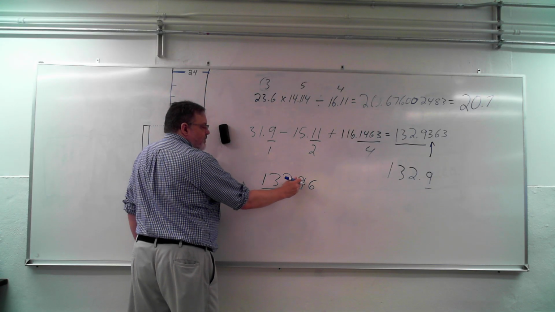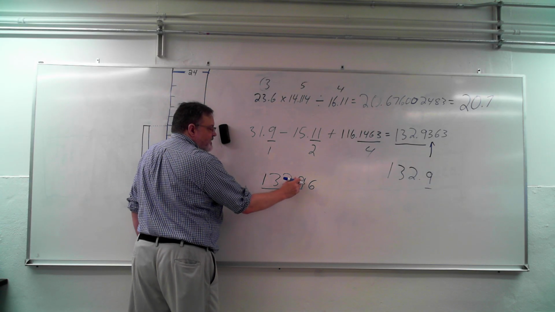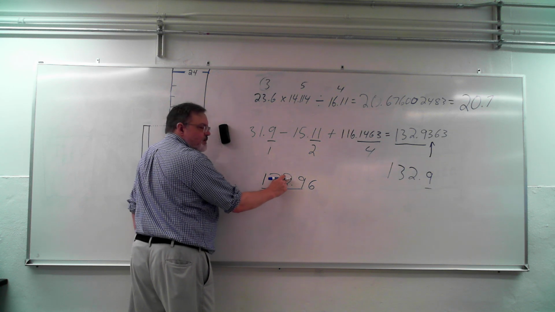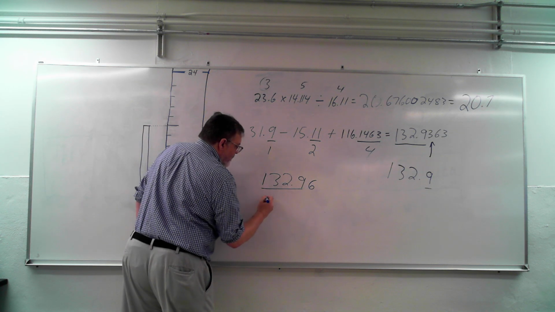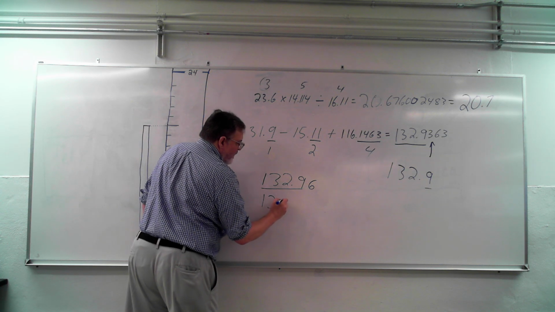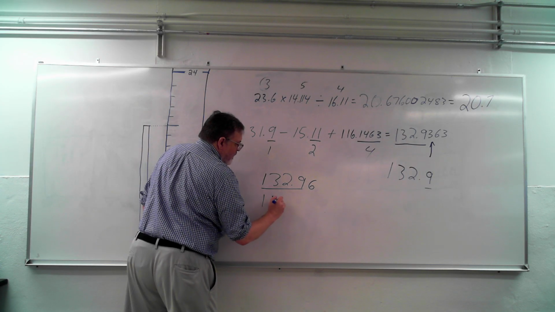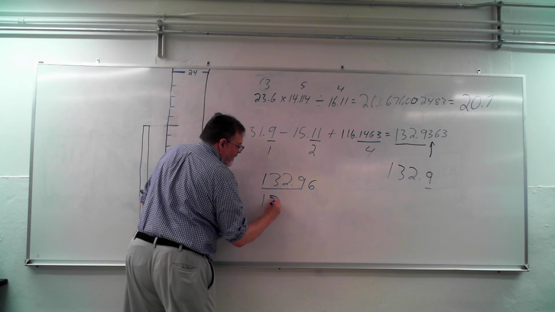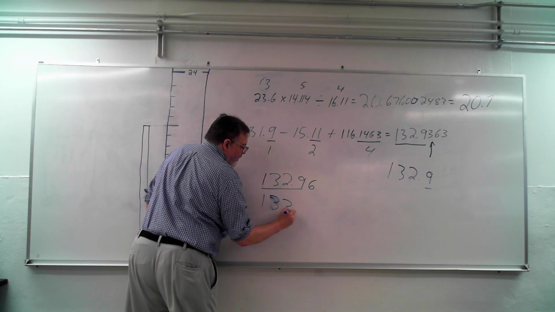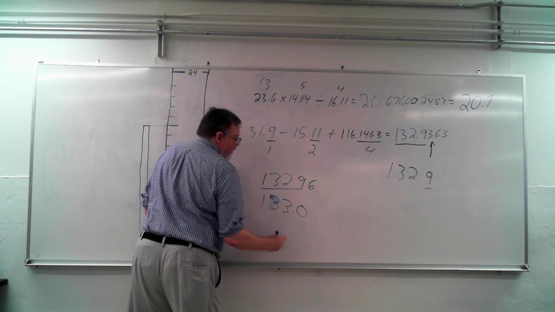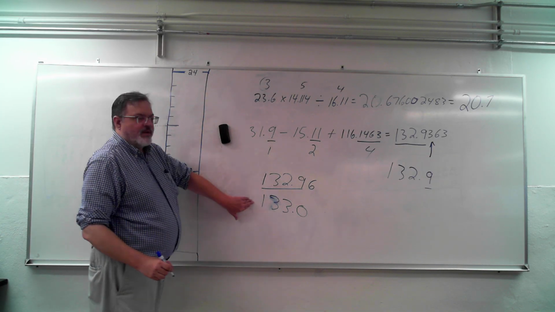Yes, the 9 rounds up, but just think of it as the 9 is going to become a 0 and this is going to become a 3. That would round up to 1, 3. That's 1, 3, 3.0. That one would round to this.